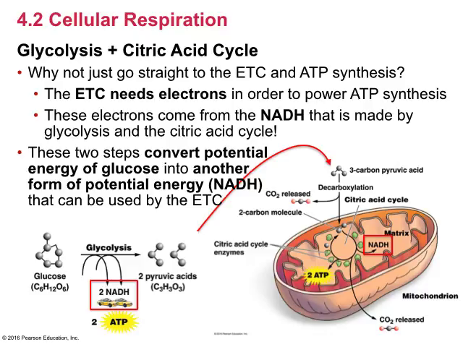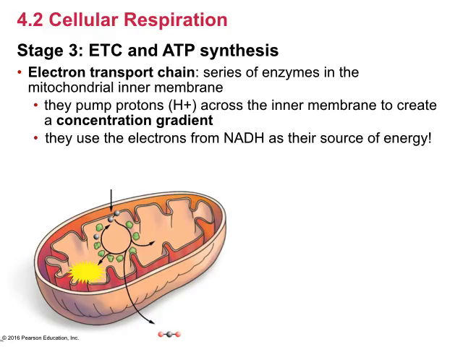They are electron shuttles, so they carry electrons, and they're going to dump their electrons onto the electron transport chain to power it. So these 2 steps convert the potential energy of glucose into potential energy in NADH, this electron carrier.